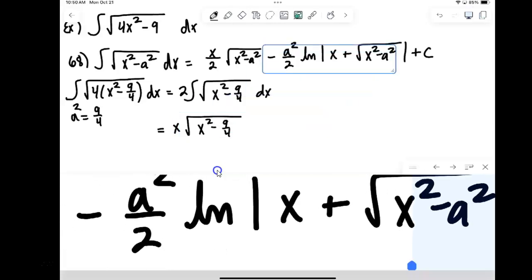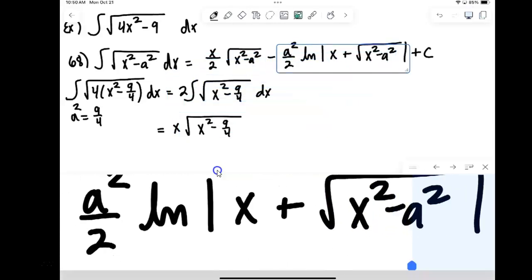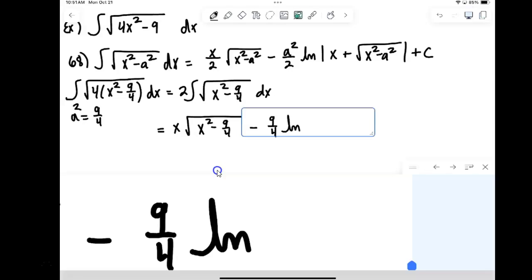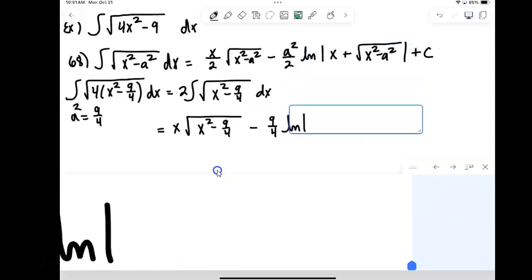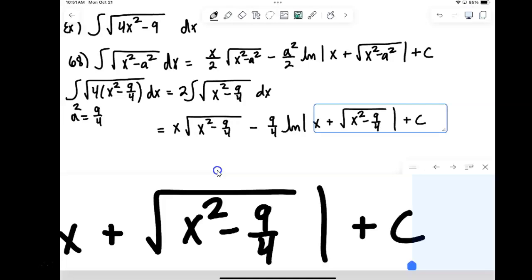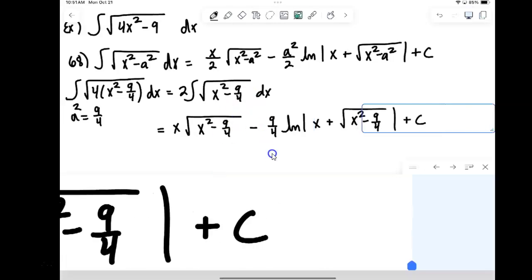And then minus a squared over 2, but again it's times 2, so it's just a squared. So minus 9 over 4 ln absolute value of x plus the square root of x squared minus 9 over 4, plus a constant. Okay, so we're able to work the integral out.